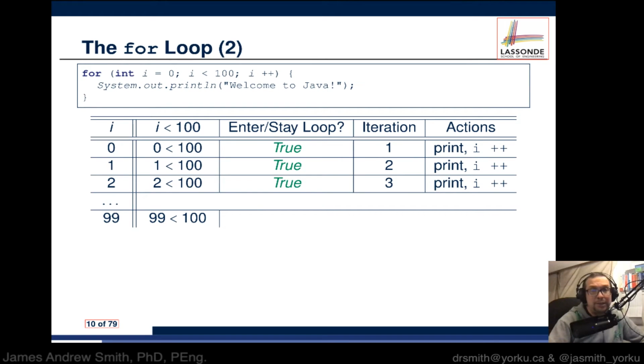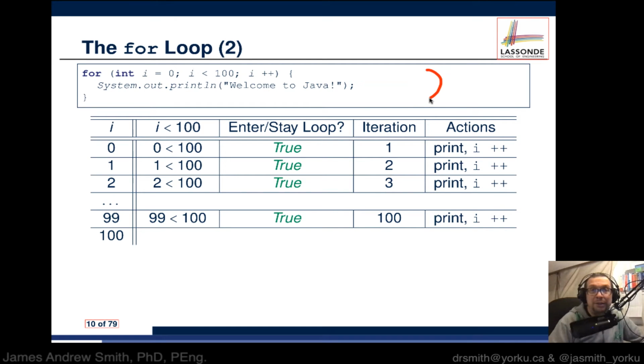Now 99 is less than 100, so yes, we stay within the loop. We then go into our 100th iteration. We're going to print for the last time, and we're going to increment for the last time. We've now come back up, and we're now going to ask that question.